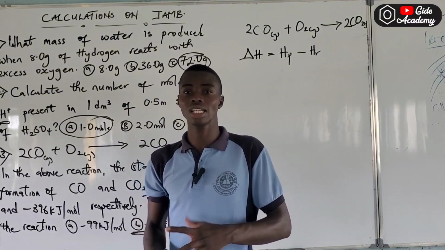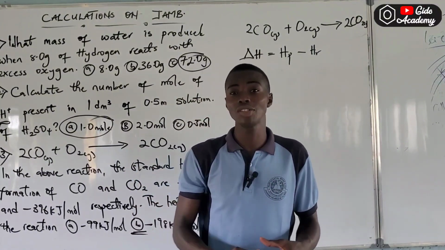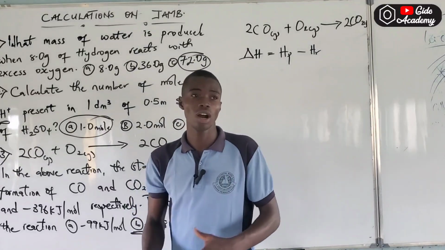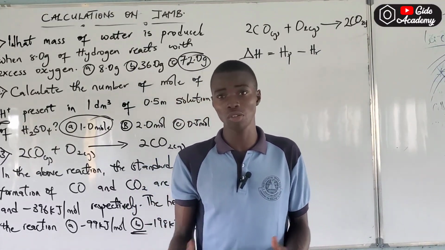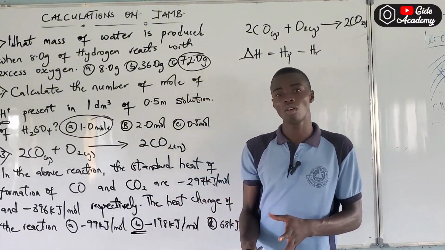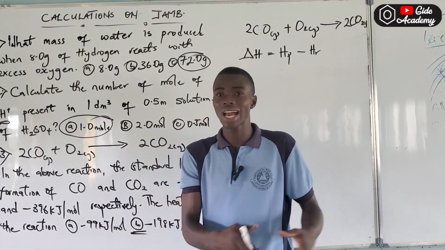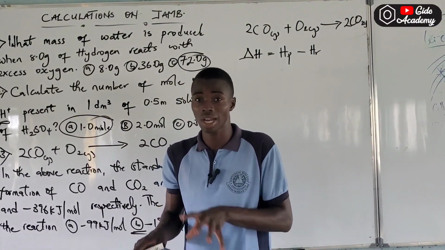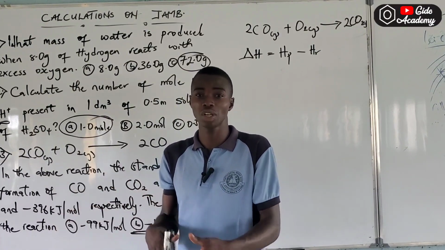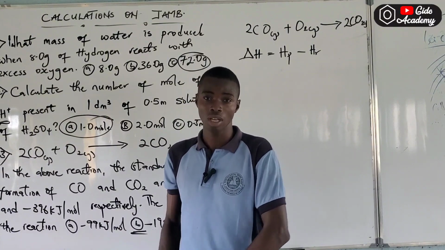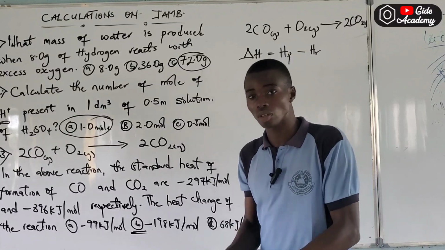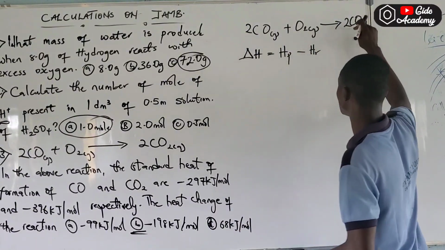If you have done a titration before, that is a volumetric analysis, for those of you who have done WAEC practicals, a titration of an acid and a base, the acid and the base you have at the beginning of your reaction are your reactants. And at the end of the reaction, remember, it's a neutralization reaction whereby a salt and water are formed. The salt and the water you form at the latter end of your reaction are called the what?